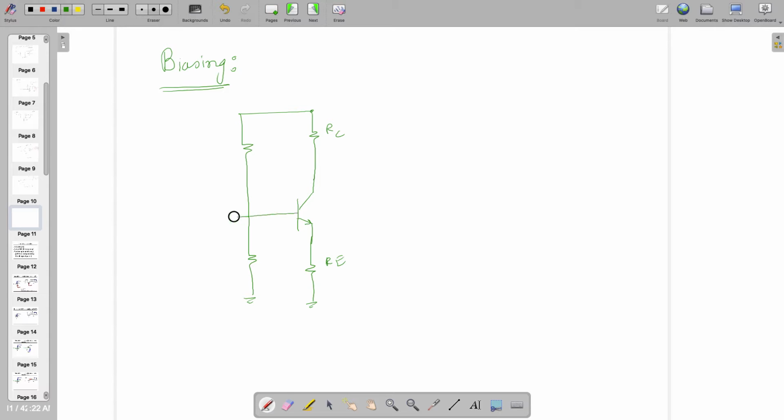So I'll ask you the following questions and you have to answer me. Okay, so why have we chosen this configuration? By the way, what is the name of this configuration? Yeah, so it's common emitter, but it's emitter degeneration.